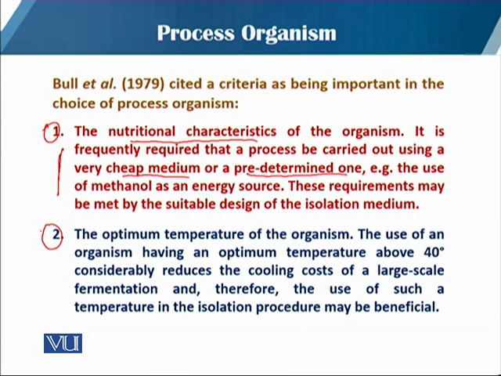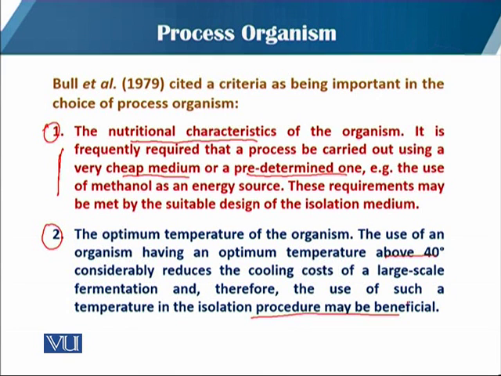The second criterion is the optimum temperature of the organism. The use of an organism having an optimum temperature above 40 degrees Celsius considerably reduces the cooling cost of large-scale fermentation, and therefore the use of such a temperature in the isolation procedure may be beneficial. But one point is critical: the growth temperature of the organism depends on the local environment.